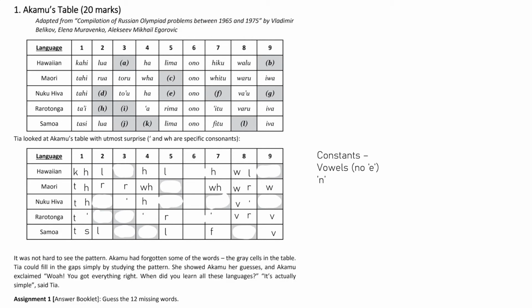And that's basically the question. You continue that. The apostrophe in Nukuhiva is basically the R in Maori, which is the same as the L in Hawaiian. And we have to make similar observations, for example, in the fifth row.